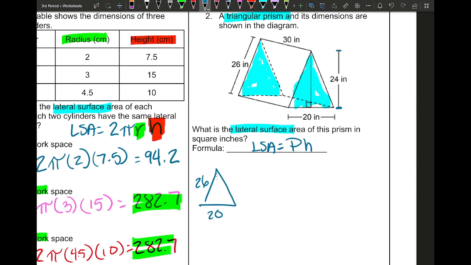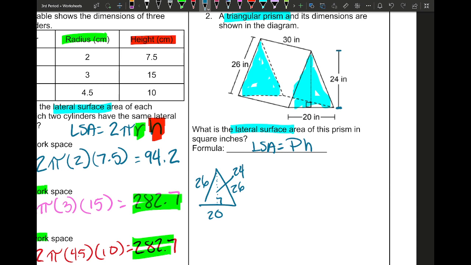So basically, the 24 goes right here. That means this might be an isosceles triangle, and I'm assuming this is going to be 26 as well. So the 24 is the height of the triangle, and you will need that if you were looking for the total surface area. If you're not looking for the total surface area, you don't need that.